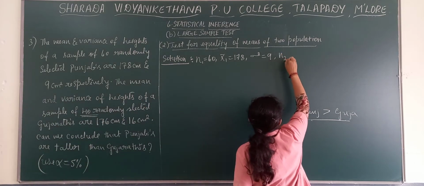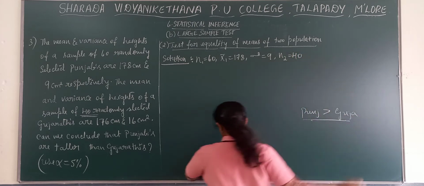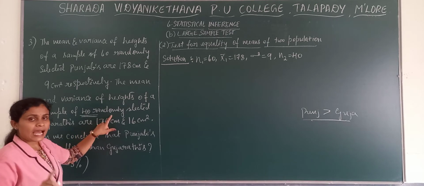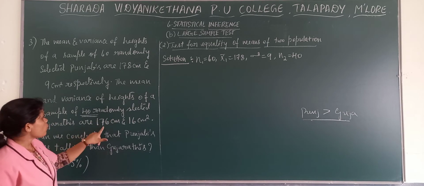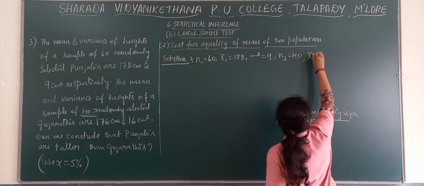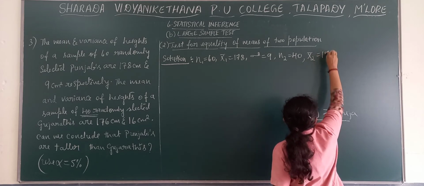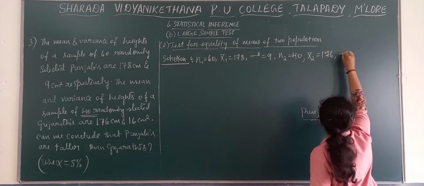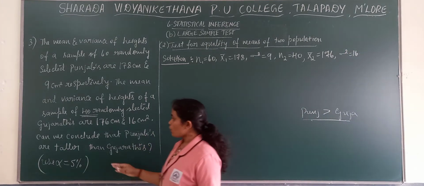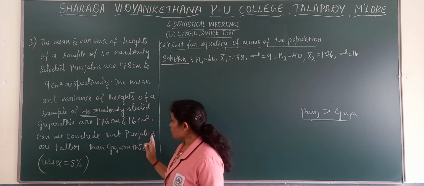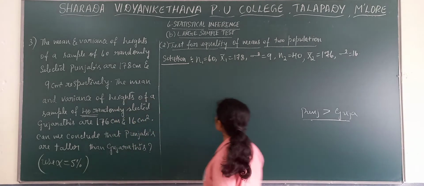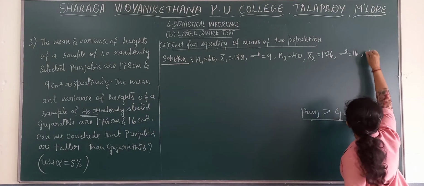So N2 is equal to 40 here, and their mean x bar 2 is 176 and their variance is 16. Now see the question. Can we conclude that Punjabis are taller than Gujaratis? Use 5% level of significance. So the level of significance here is 5%.